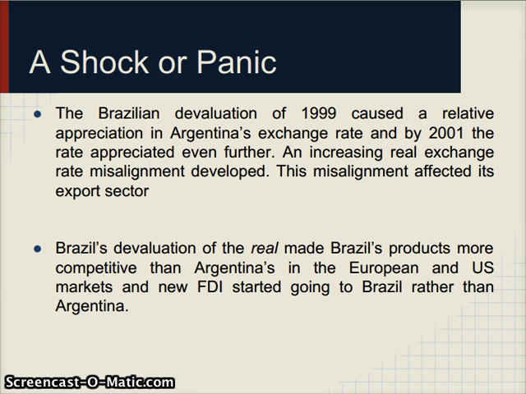Argentine exports were already becoming expensive because of the overvalued exchange rate. But then Brazil, one of its biggest competitors and also one of the biggest consumers of its goods, devalued its currency, which meant that Brazil could now export to countries like the US and Europe more cheaply, so it stole market share from Argentina. At the same time, Argentine exports to Brazil dropped because they were even more expensive.